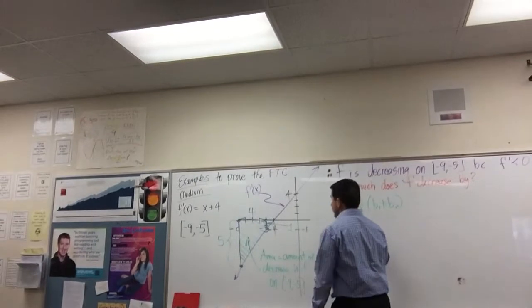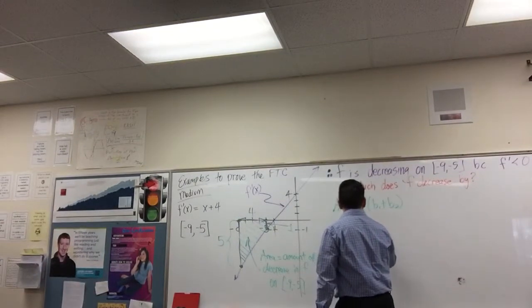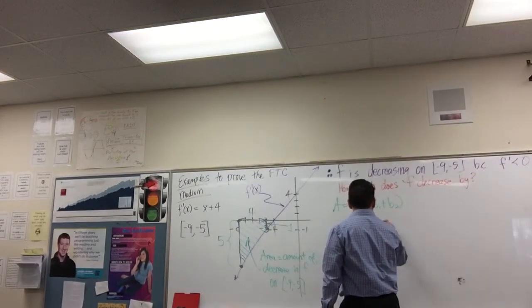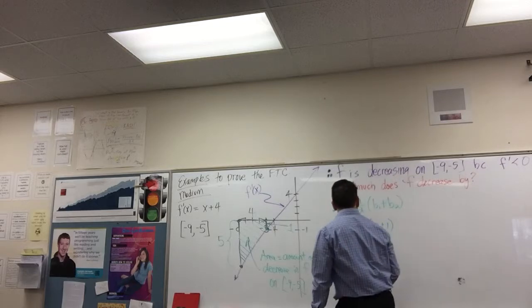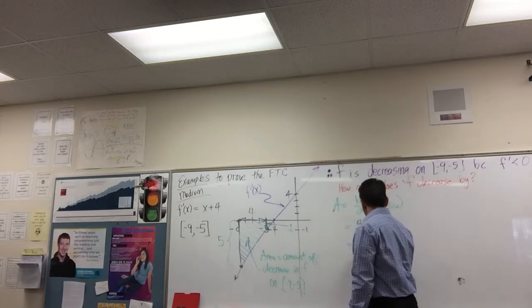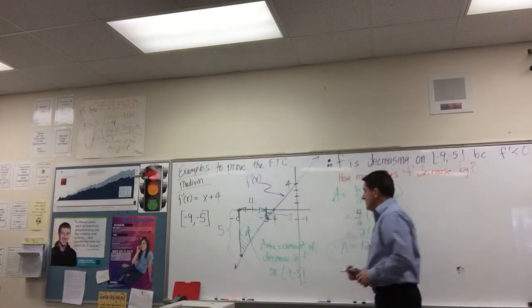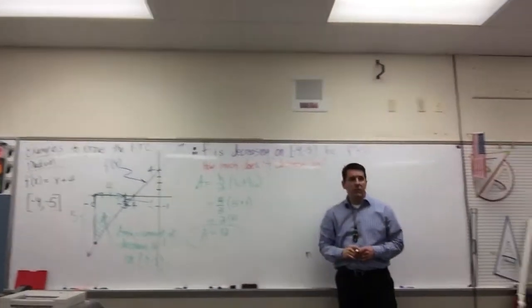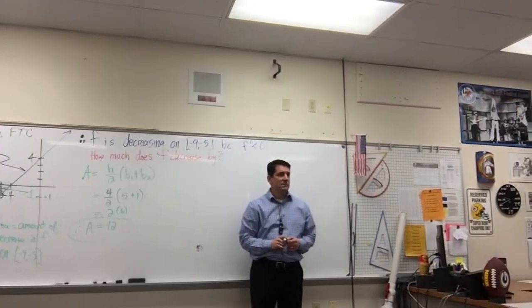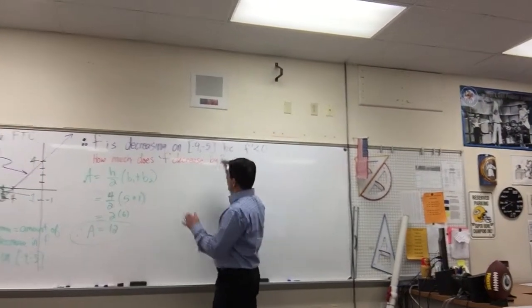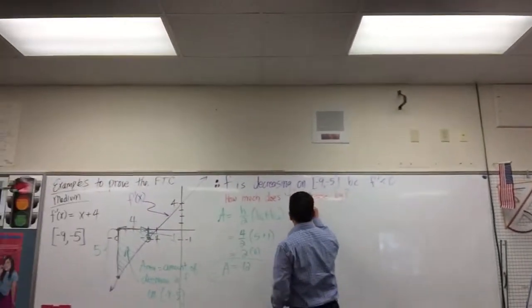Okay, so here we go. h over 2, this is 4 over 2 times 5 plus 1, which is 2 times 6. So the area is 12. So let's wrap this up. Just this statement here.